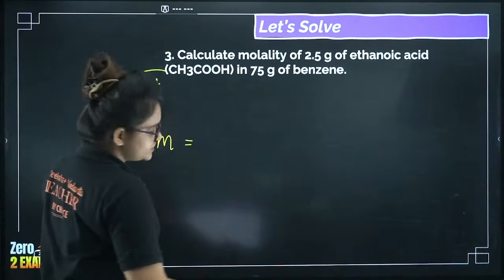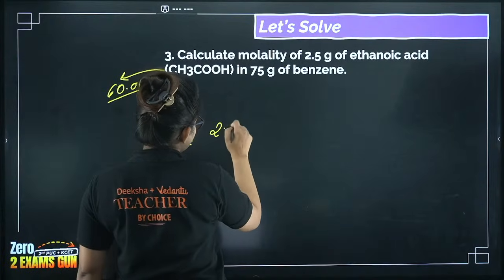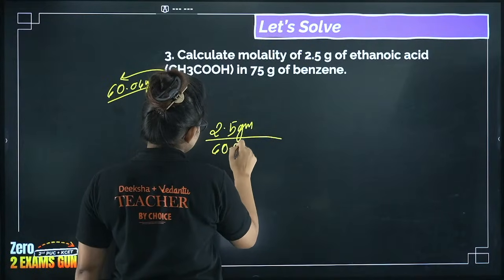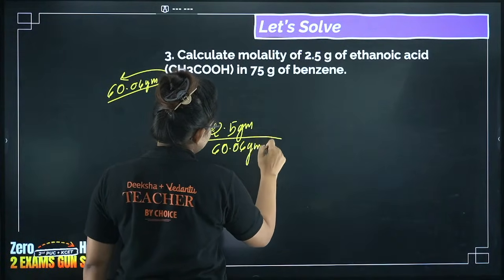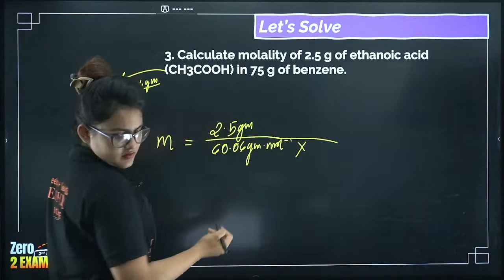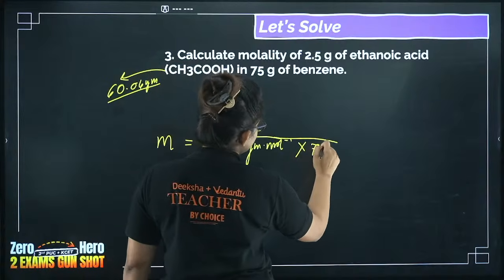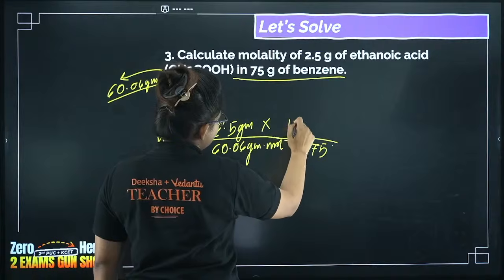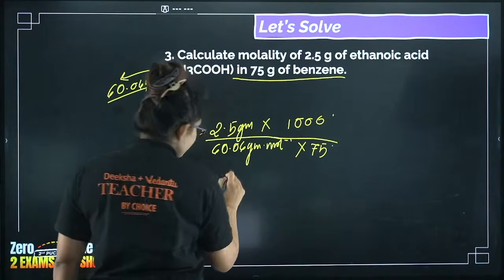Okay, so now if you just put everything over here, 2.5 gram divided by 60.06 gram per mole, into 75, because they are saying the solvent mass is 75 gram, into 1000, as simple as that.